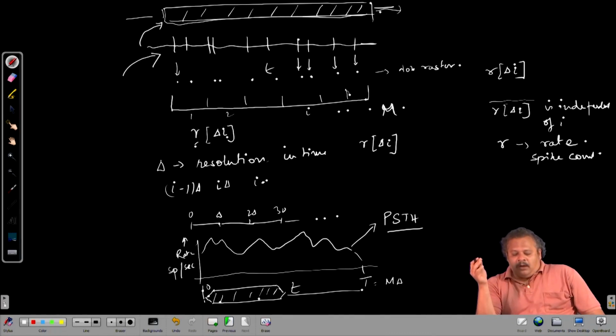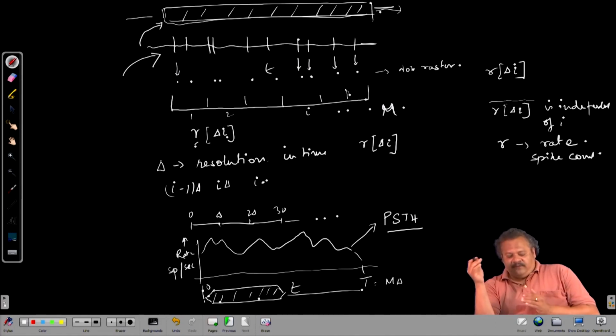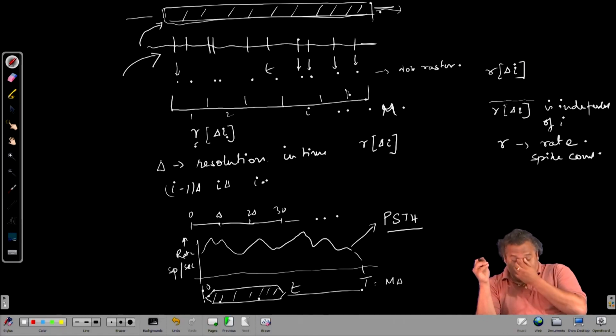So, in general, when we think of the rate as a fixed size over the entire window capital T, we also generally think of the random variable spike count as something that follows a Poisson distribution.